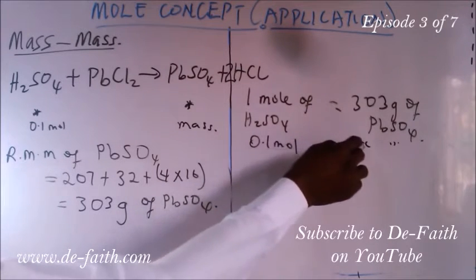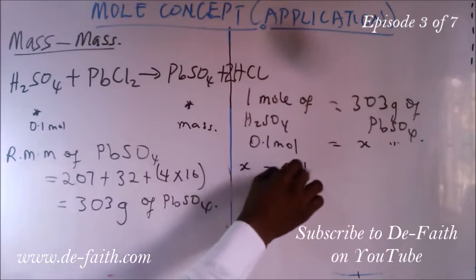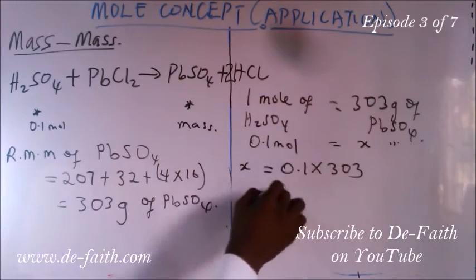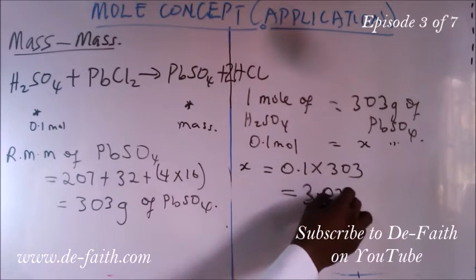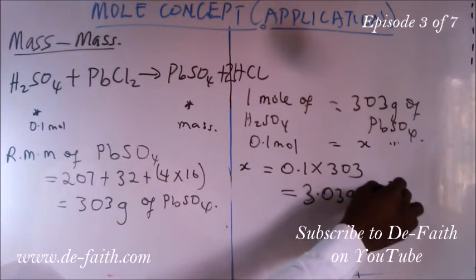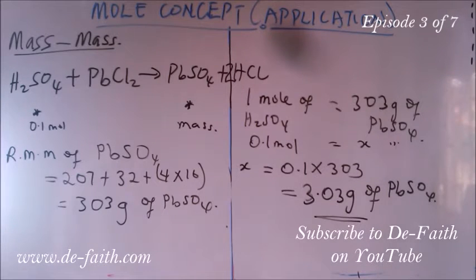So we cross multiply by having x times 1, which is x, equal to 0.1 times 303, and that yields 3.03 grams of PbSO4. Hence, we'll have 3.03 gram of PbSO4 yield when 0.1 mole of tetraoxosulfate 6 acid is used.